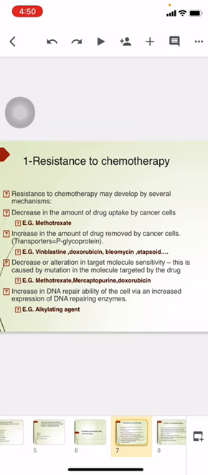While explaining the causes of resistance to chemotherapy, it was found that this resistance may be due to several mechanisms, like decreasing the amount of drug uptake by the cancer cells, as occurs when using methotrexate.